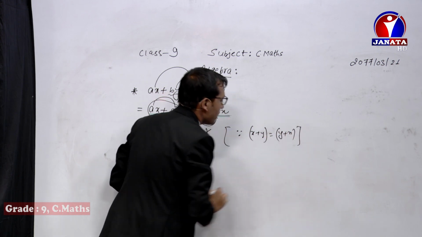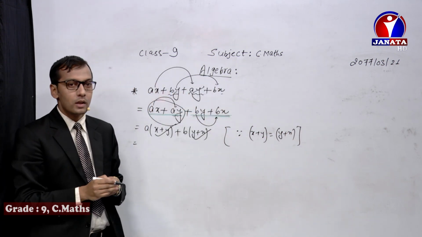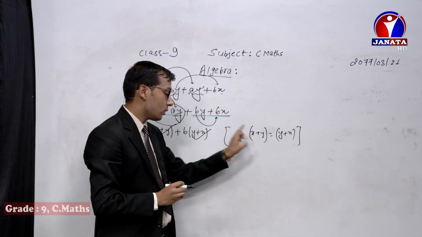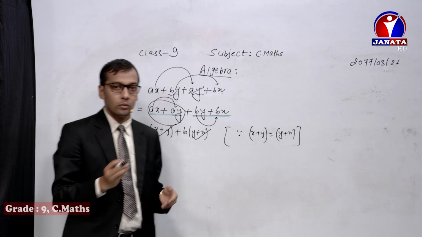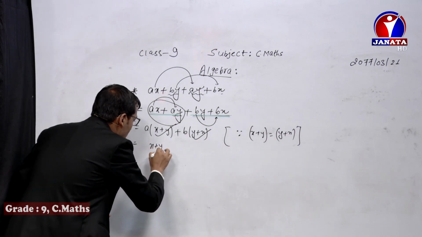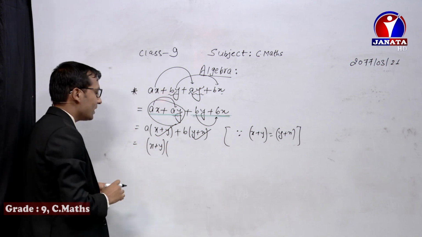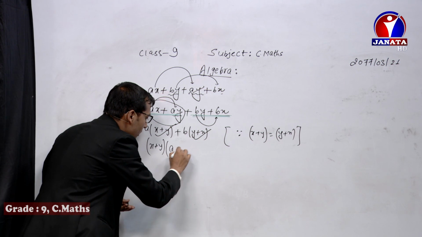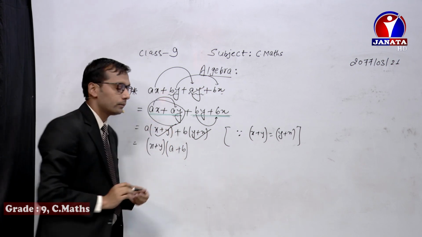There is no difference, because what is the sign of x? Positive. Y is also positive. So if we take x plus y common, what is left in the first term? A, in the second term b.